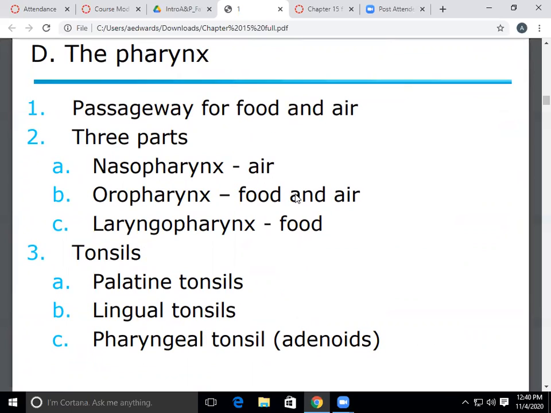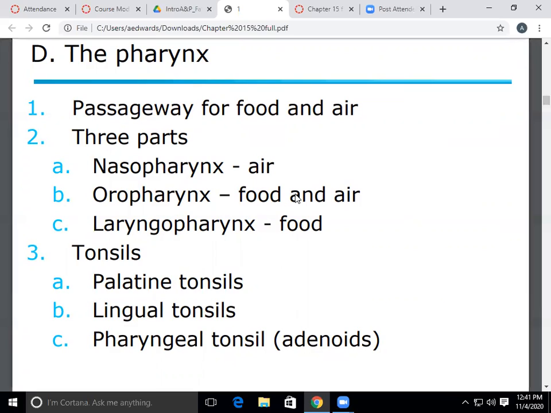All right, the pharynx, it's the passageway for food and air. You have 3 parts: your nasopharynx, your oropharynx, and your laryngopharynx. So you learned about this on Monday, previous video. All right. So nasopharynx, so you should only have air there.